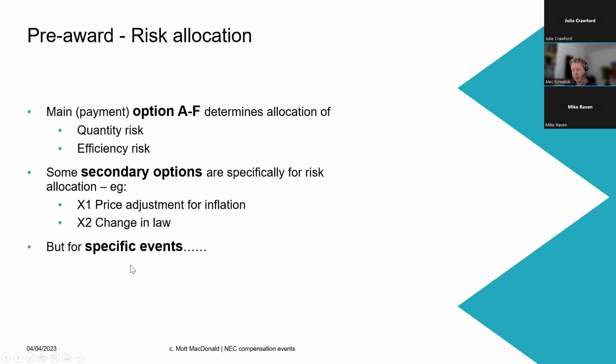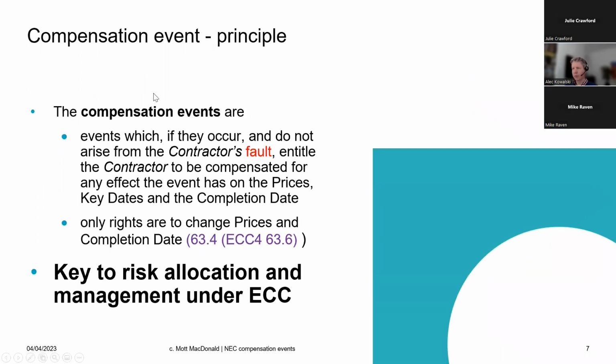But for specific events, we have what's called the compensation event process. Compensation events are events which happen when they occur and they don't arise from the contractor's fault. That's very important. If they're not the contractor's fault, they entitle the contractor to be compensated for any effect it has on the prices, key dates, and the completion date.